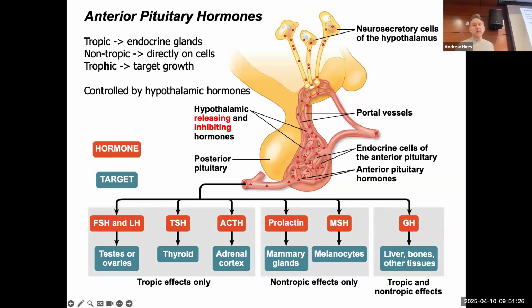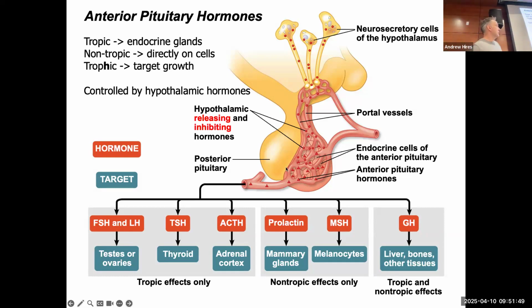And each one of them also has a specific cell type within here. So we have gonadotropes, something that is going to act on the gonads. Gonadotropes are cells that are specialized for production of FSH and LH that respond to sex hormone releasing hormone.